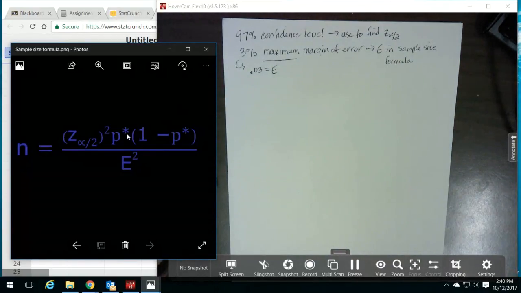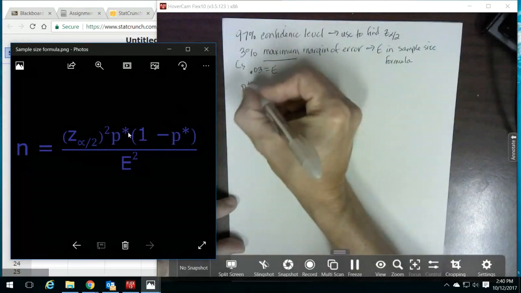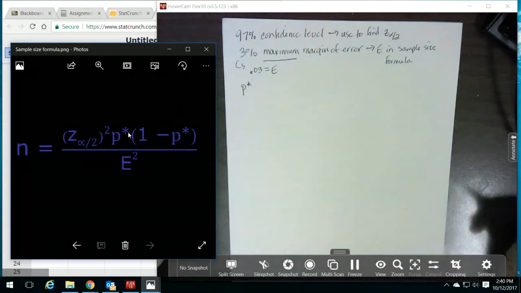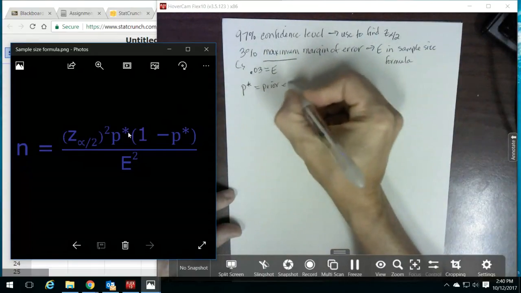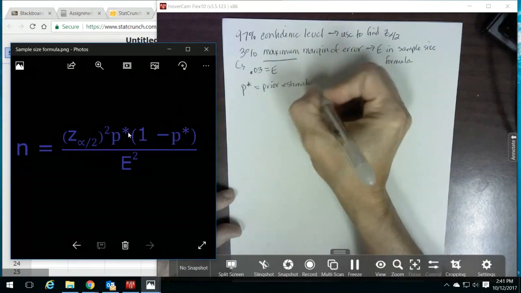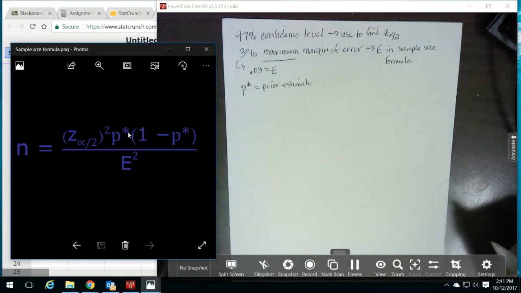The other thing I have to do is look up that Mars Company letter, because the p star in this formula is a prior estimate of what our proportion might be. So for this, I'm going to look at my Mars Company letter, and for the variety of M&Ms I chose, which in my case was plain M&Ms, I'm going to look in that letter and see what the biggest percentage was for any of the colors.